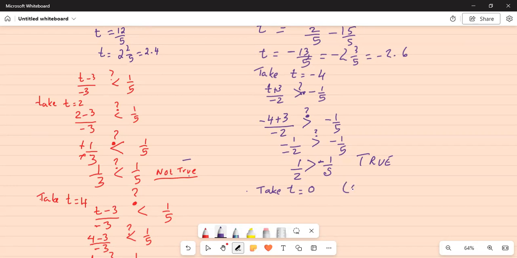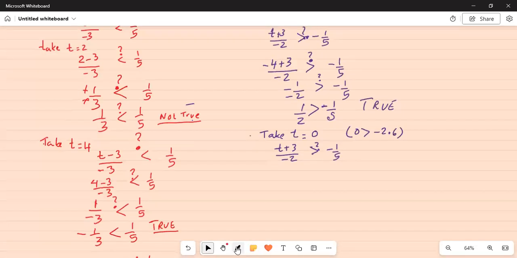Zero is greater than minus 2.6. Okay. And then you have the inequality (t plus 3) divided by minus 2 greater than minus 1/5. Is that true? So we are going to check by plugging in t is equal to 0.